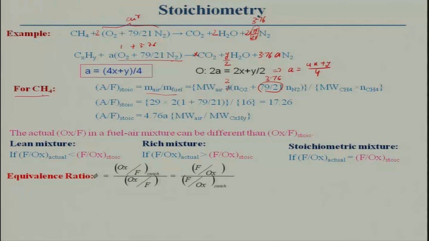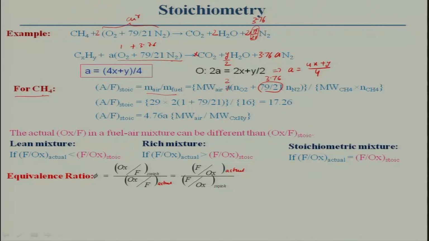So, equivalence ratio is basically oxidizer by fuel stoichiometric divided by oxidizer by fuel actual, and that is the same as fuel and oxidizer actual divided by fuel and oxidizer stoichiometric.